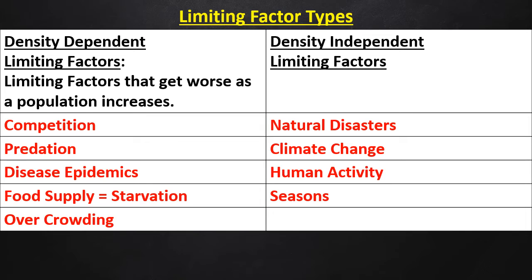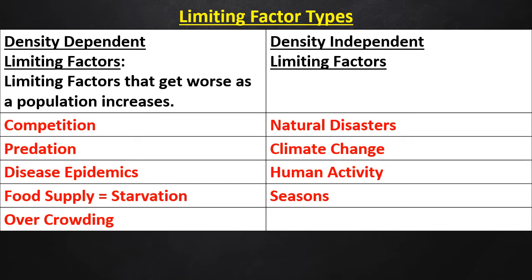Limiting factor types. There's density dependent and density independent limiting factors. The density dependent limiting factors get worse as a population gets closer to carrying capacity. That's why it's density dependent. Negative competition gets worse. If you have a large population that's crowded, you can actually attract more predators, so predation gets worse.